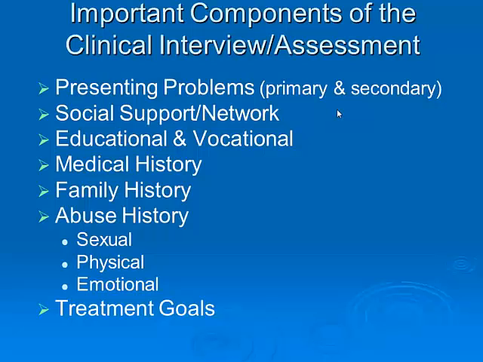And so you always want to determine whether or not there are issues of sexual, physical, or emotional abuse, because we know not only from what's in the literature, but in working with persons, the extent to which there has been a history of abuse, it will impact the way in which they see the world.